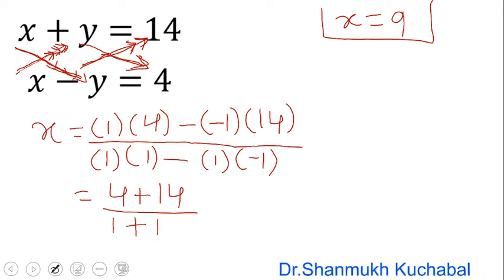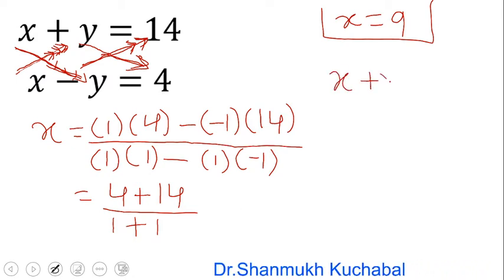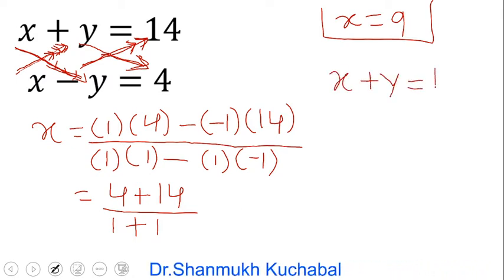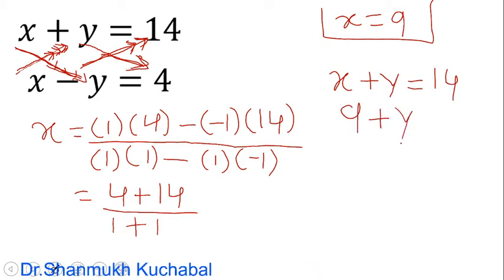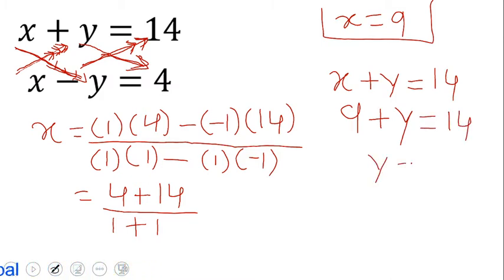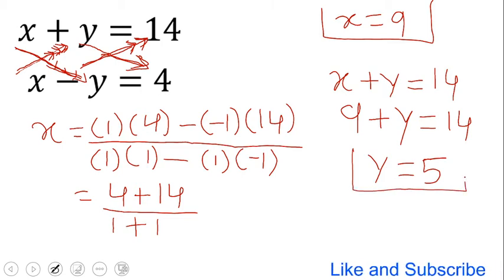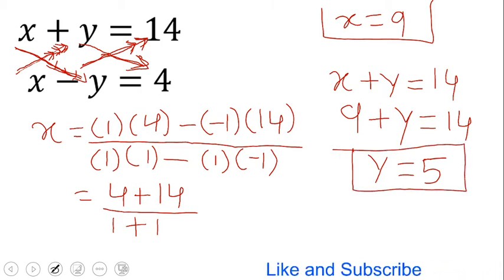For that, take any one equation. I am taking the first equation, x plus y equal to 14. Substitute the x value as 9, so we get 9 plus y equal to 14. Transposing 9 to the RHS, we get 14 minus 9, which is the value for y here. Therefore the solution is x equal to 9 and y equal to 5.